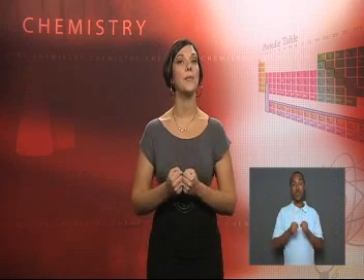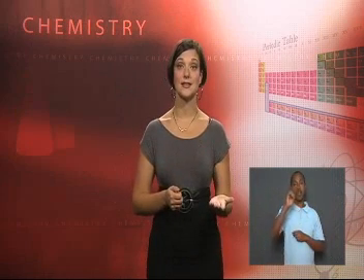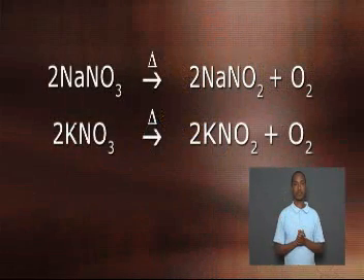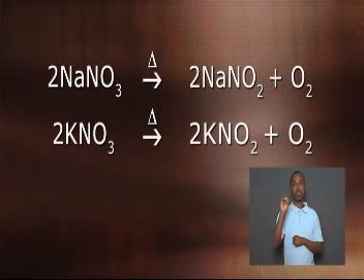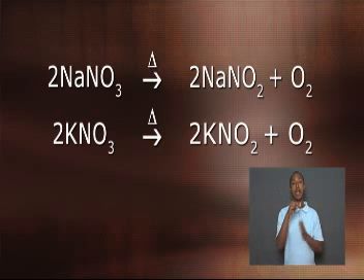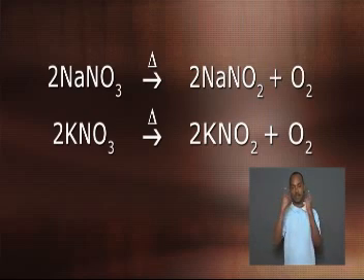Students, let us look at the decomposition of nitrates and carbonates. The decomposition of group 1A nitrates produces nitrites and oxygen. Group 1A means that these nitrates are in the lithium family.